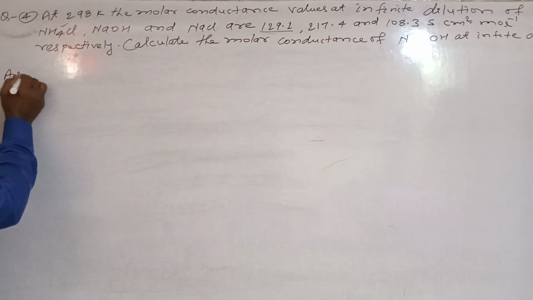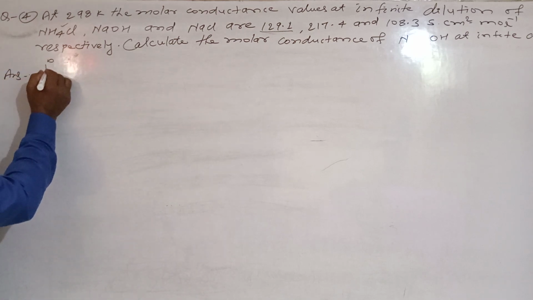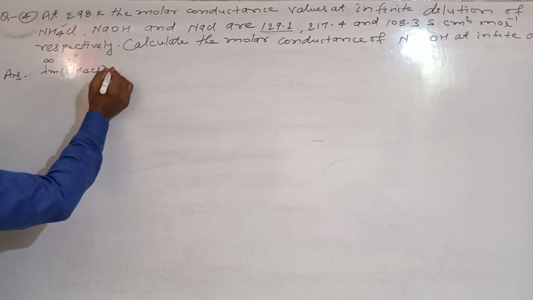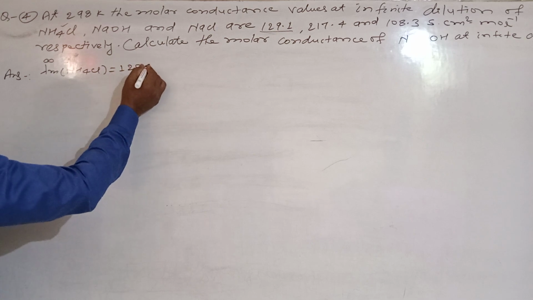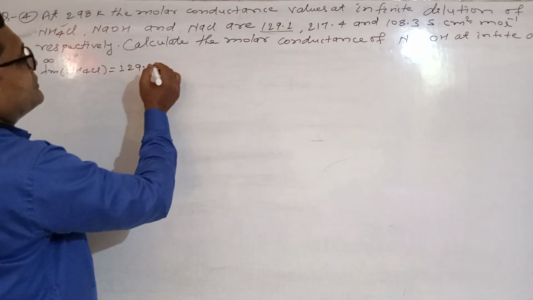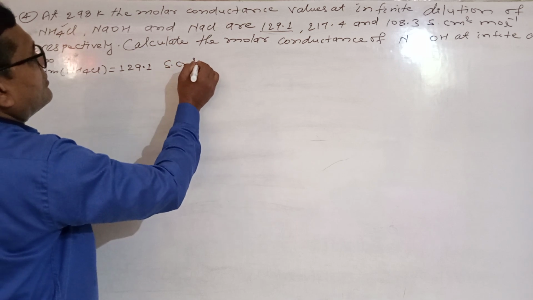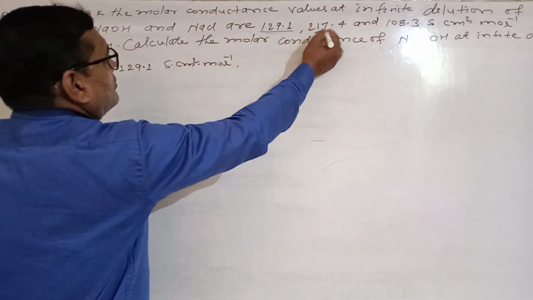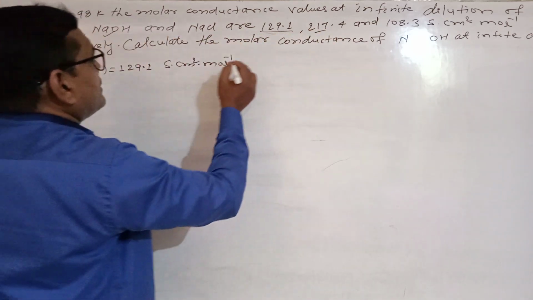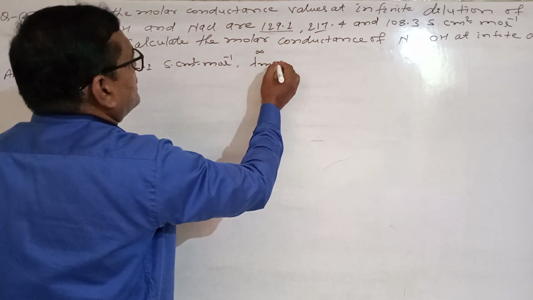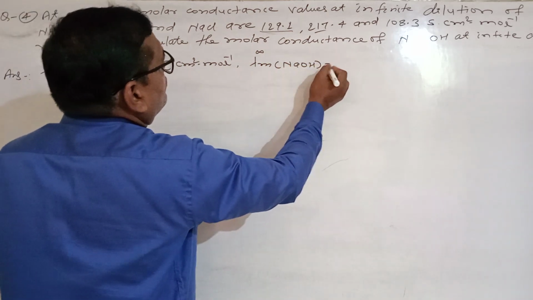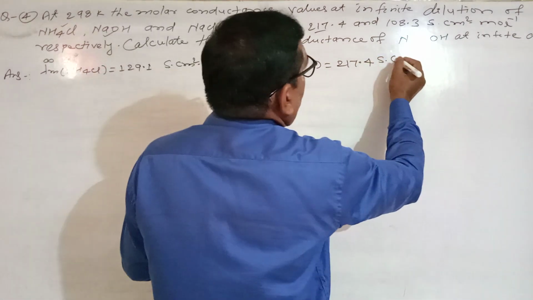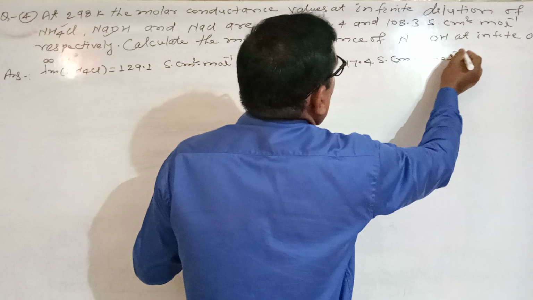Here we write lambda infinity m of NH4Cl is equal to 129.1 Siemens cm square mole inverse. This value is for NaOH. Lambda infinity m of NaOH is equal to 217.4 Siemens cm square mole inverse.